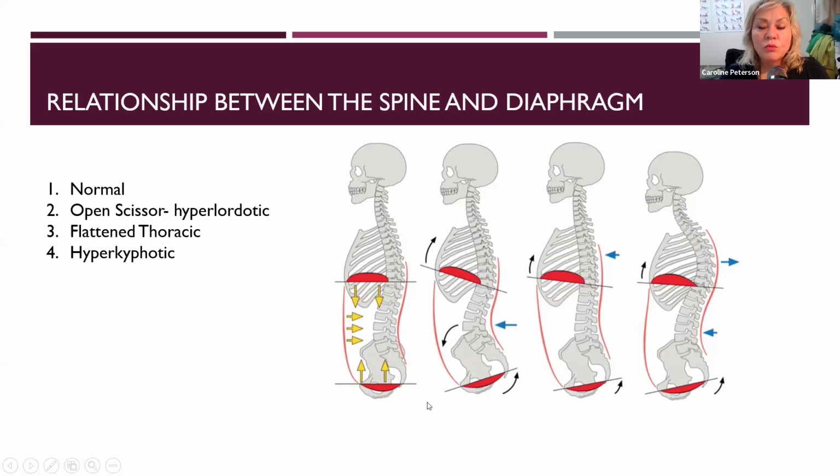The breath is what moves the deep lymphatics. Exercise moves the superficial lymphatics. And so we really need to have the diaphragms, the container set up for correct breathing so the deep lymphatics can move properly.